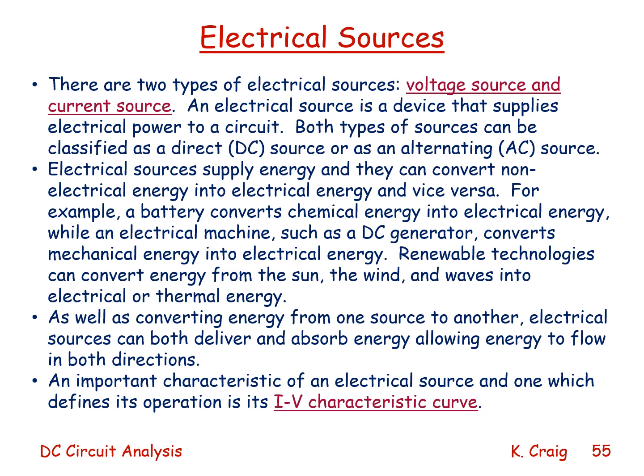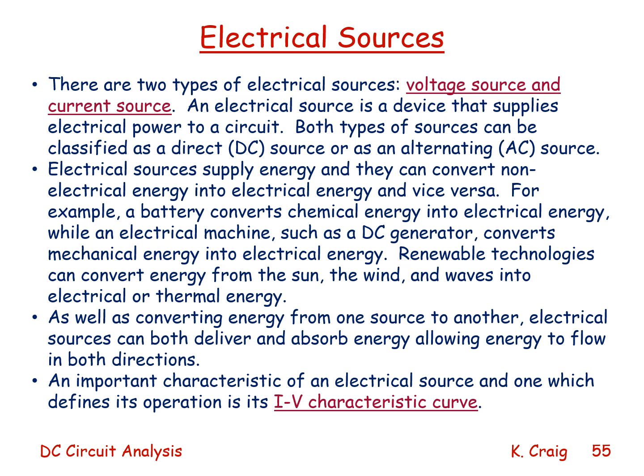Renewable technologies can convert energy from the sun, the wind, and waves into electrical or thermal energy. As well as converting energy from one source to another, electrical sources can both deliver and absorb energy, allowing energy to flow in both directions.